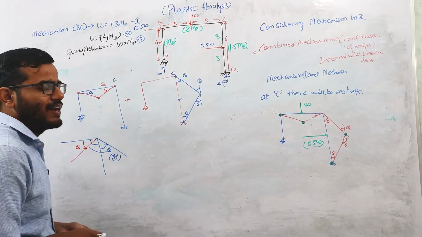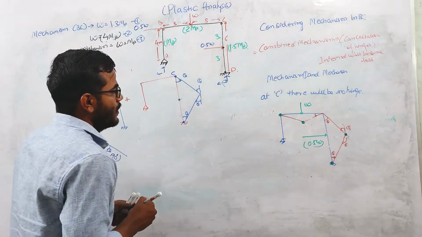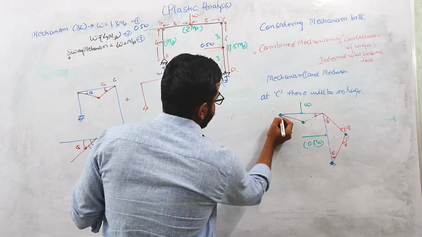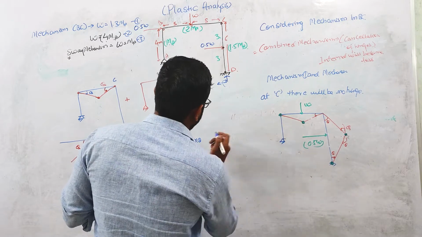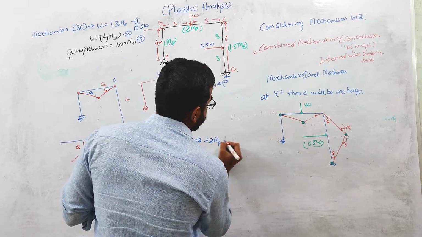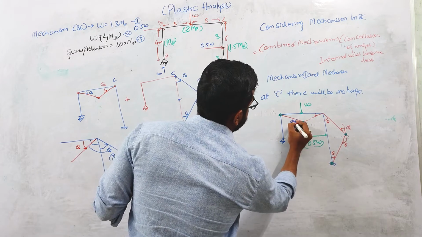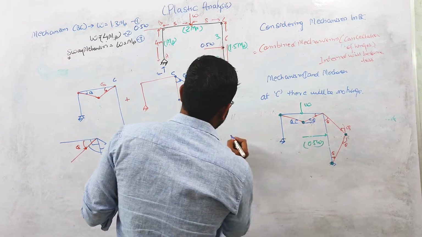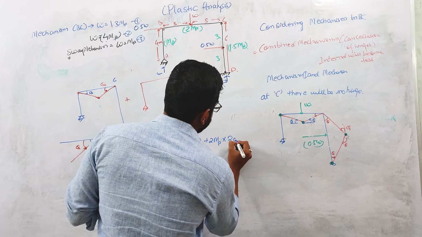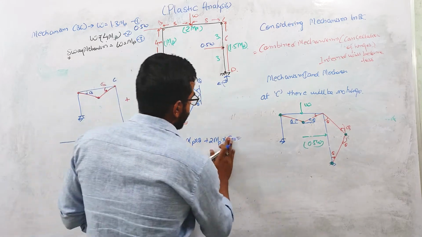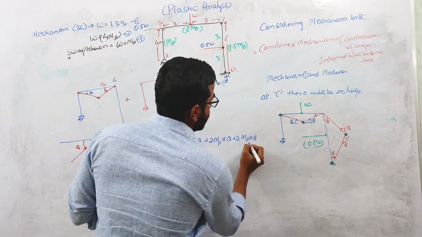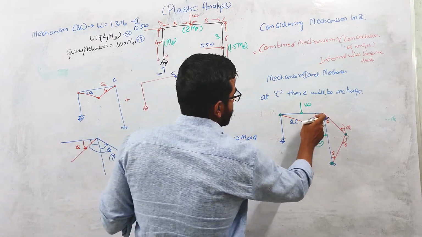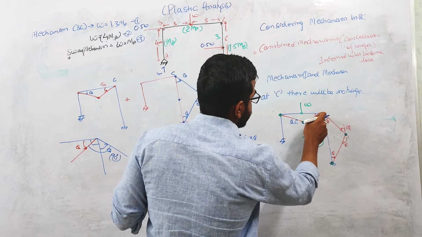If you apply again the principle of virtual work done method, I will be writing Mp into theta for this point. For this point it will be 2 Mp into 2 theta, or you can say 2 Mp into theta plus 2 Mp into theta. There is no hinge at this point, so we need not consider this C point.